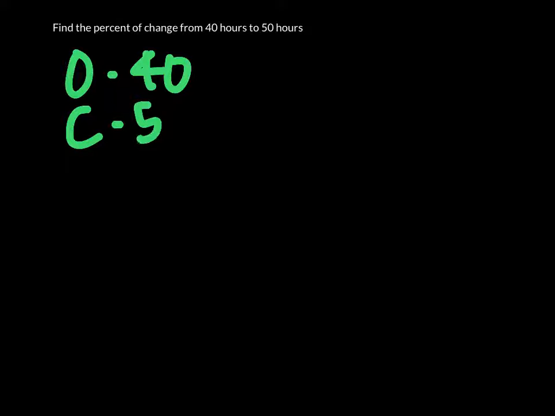Let's try another one. Look at this one and get your answer when you're ready to check. Pause the video. Okay, so find the percent of change from 40 hours to 50 hours. So let's do what you do. Original amount, 40 hours. Change, 50 hours. Percent increase.